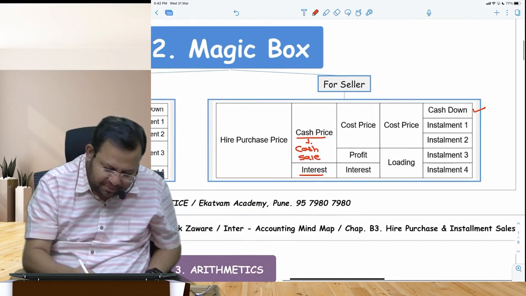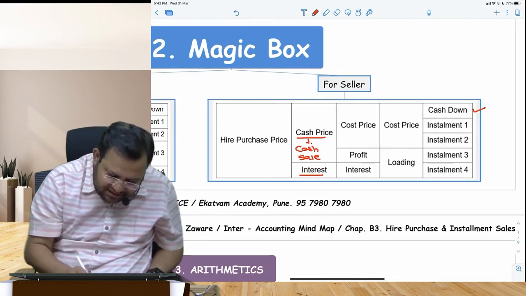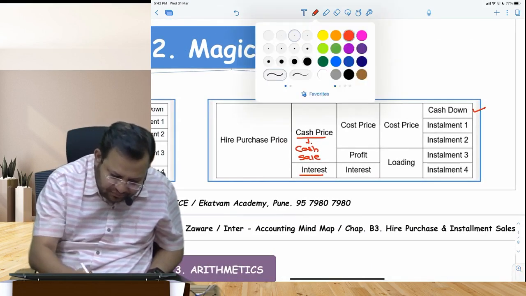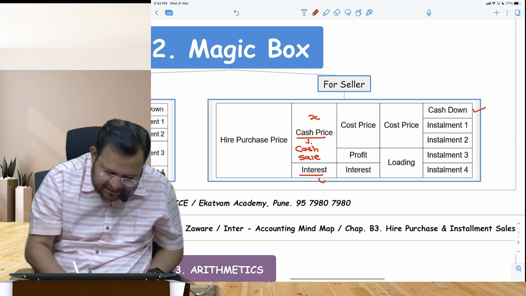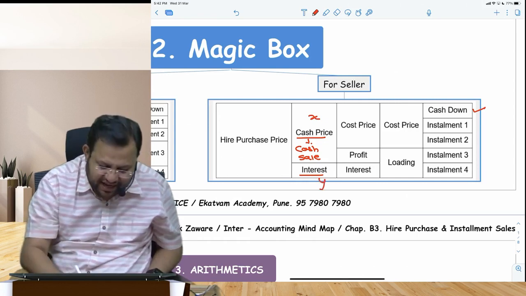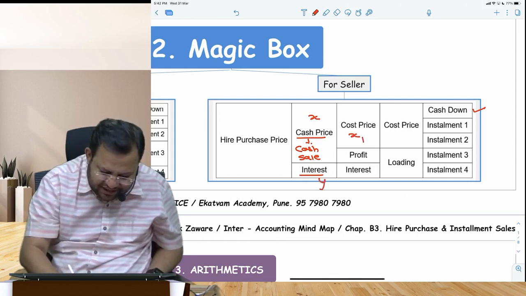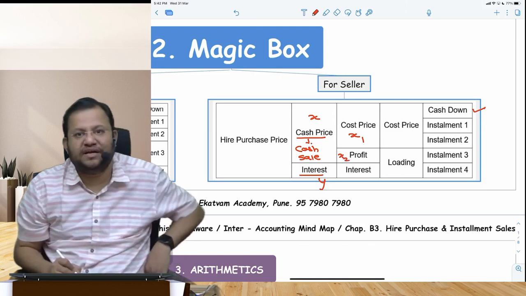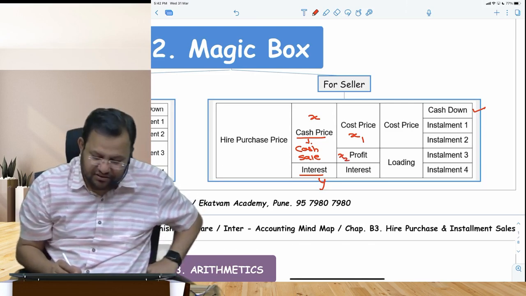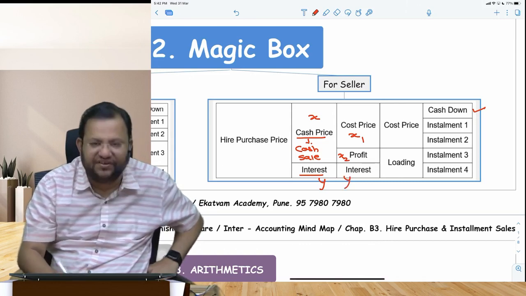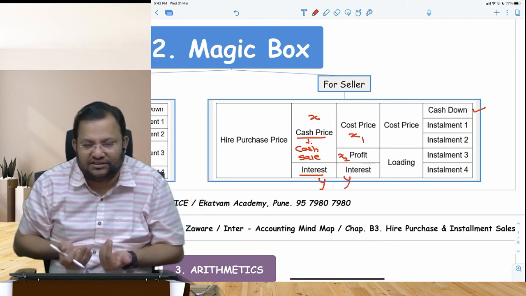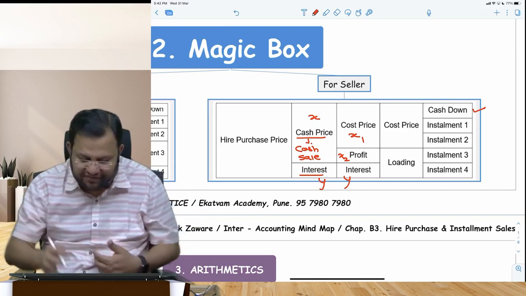So what is the meaning of this magic box? The totals of all of these are the same. Let us say the cash price is X and interest is Y. I can divide the cash price into X1 and X2, that is cost price and profit, the price at which the seller purchases plus his profit.